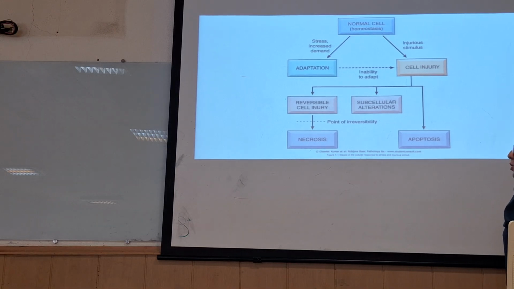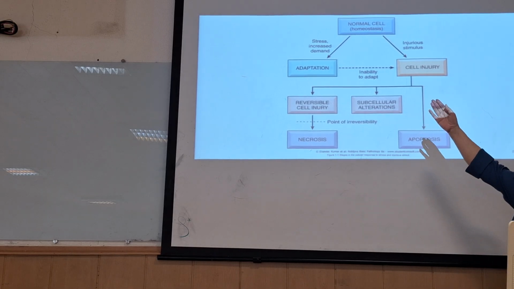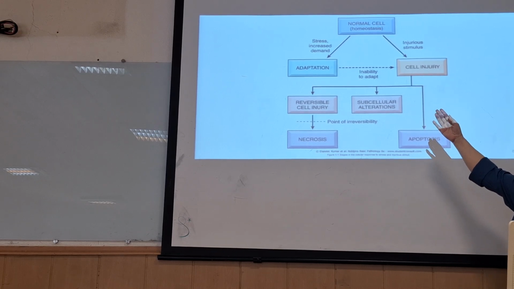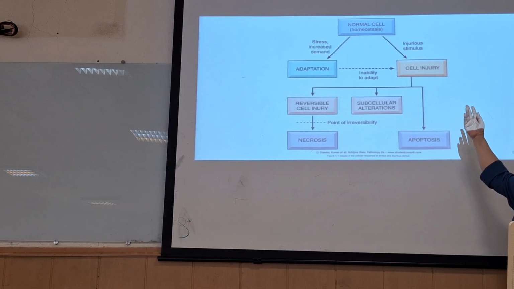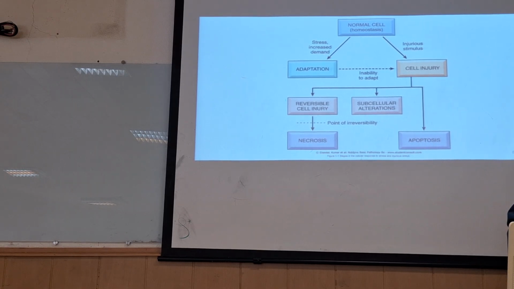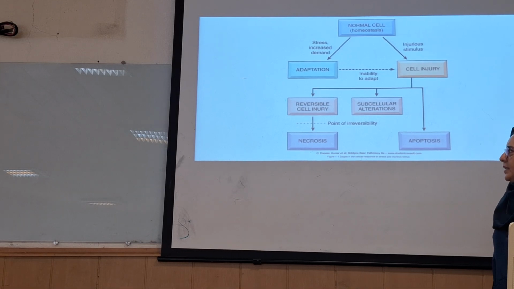This figure shows all of the cellular responses to injurious agents. For example, stress or increased demand leads to adaptation; inability to adapt leads to cell injury. Cell injury is reversible, and at the point of irreversibility, we have necrosis and apoptosis.